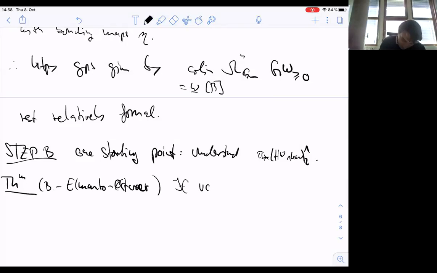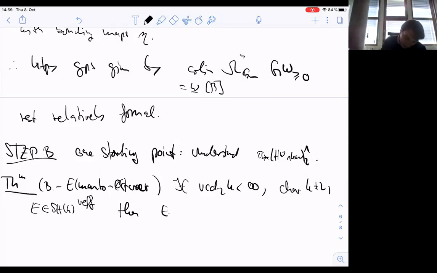If the vcd_2 of k is less than infinity, and the characteristic of k is not 2, and E is a very effective spectrum, then the 2-adic completion is eta complete, even though a priori it doesn't have any right to be.